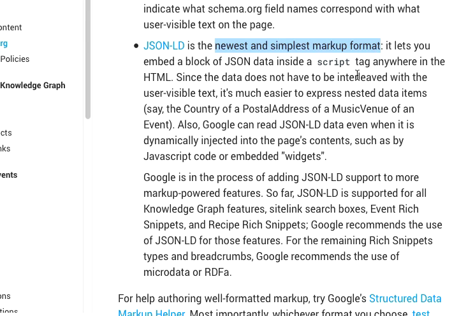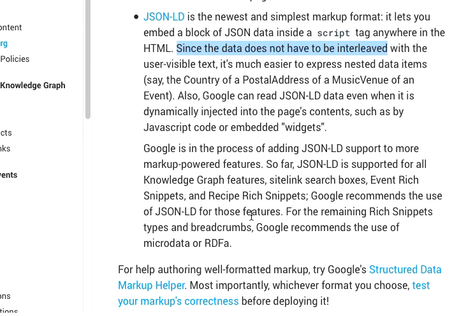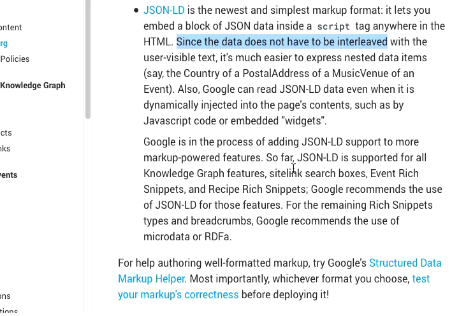Since the data does not have to be interleaved with user-visible text, it is easier to express nested data items. And then down here it says that for any knowledge graph related features, sitelinks search boxes, event rich snippets, and recipe rich snippets, Google recommends the use of JSON-LD.